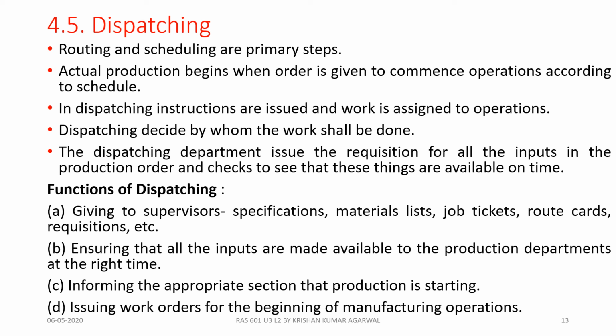people. The dispatching department issues the requisition for all kinds of inputs in the production process, orders, and checks to see that all the things are available on time or not.